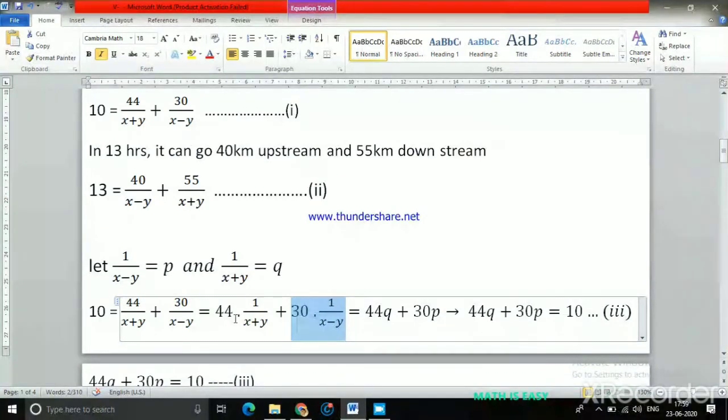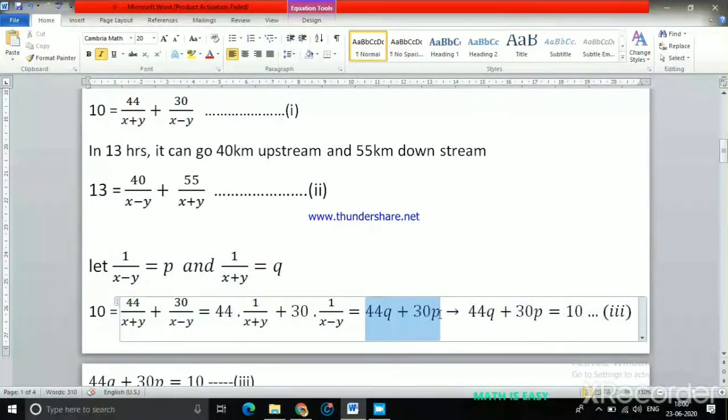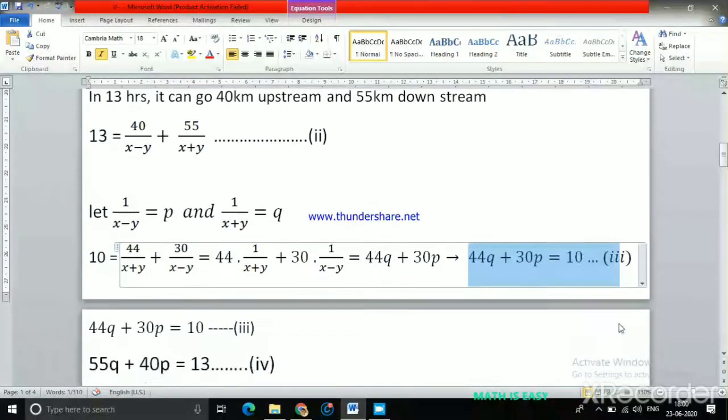Now in place of 1 upon x plus y, you replace q, so it becomes 44q, plus 30 in place of 1 upon x minus y, you replace p. So it becomes 44q plus 30p equals 10. So that's what I have written here. We call this equation number 3.